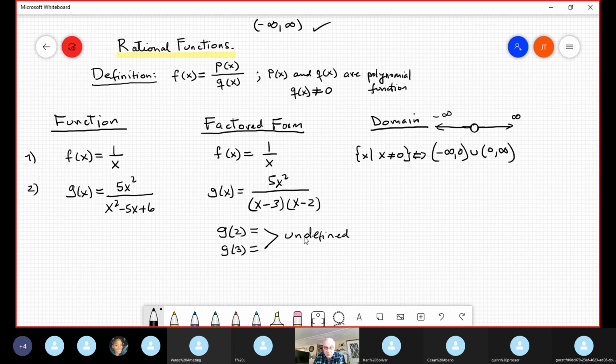Undefined is totally outside the domain, so I can write the domain as all real numbers except 3 and 2. So x, you open this curly bracket, such that x is not 2 and not 3.